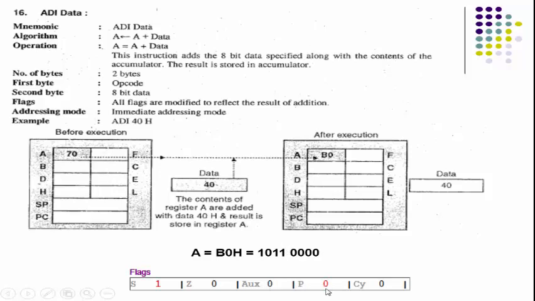Parity bit is also 0. Why? Because in the result we are having only 3 logic 1s, 1, 2 and 3, that is odd parity. The parity flag bit is set in case of an even number of logic 1s, but right now we are having only 3 logic 1s, that is odd parity.